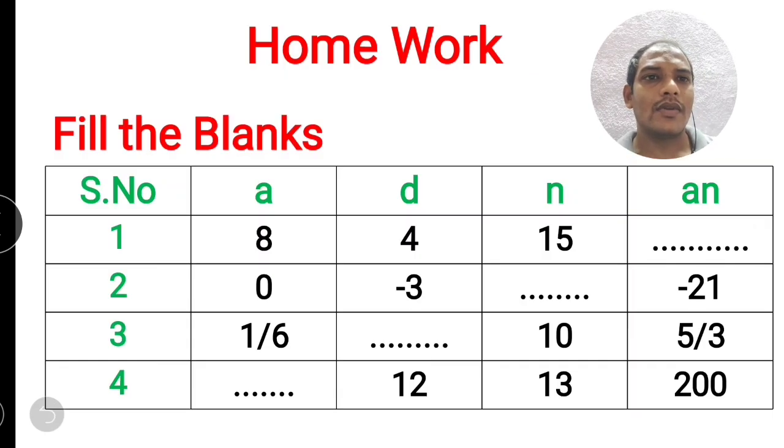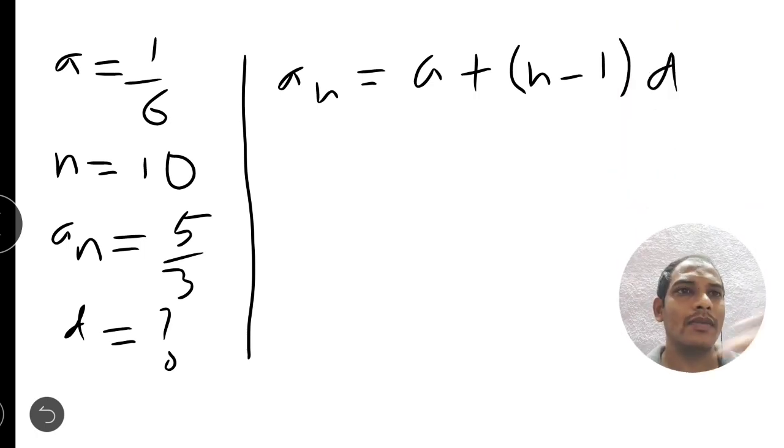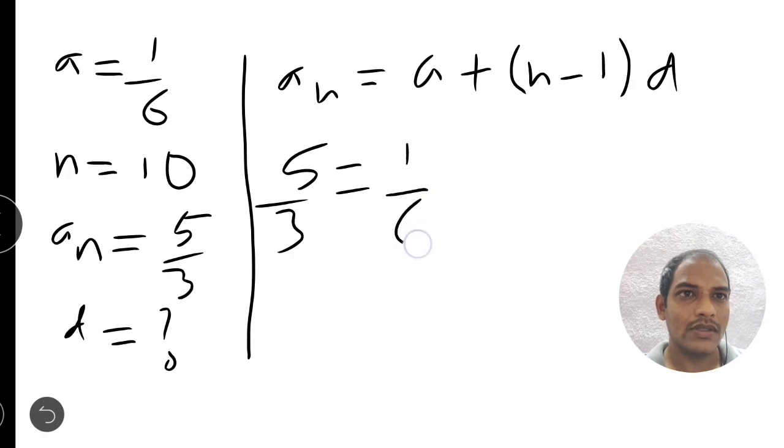Next, third problem. a value, n value, a n value are given, then what is the d value? So a 1 by 6, n 10, a n 5 by 3, d question mark. So the a n formula is a plus n minus 1 into d. Substitute the given values. A n value is 5 by 3 equals a value 1 by 6 plus n value 10 minus 1 into d.